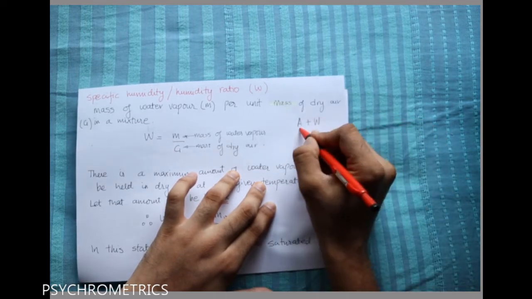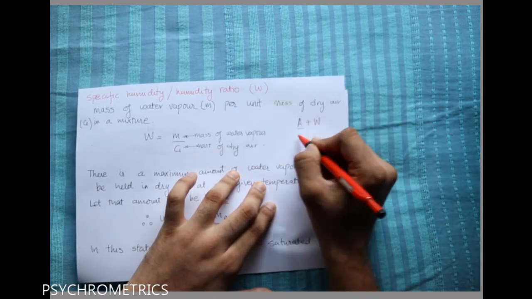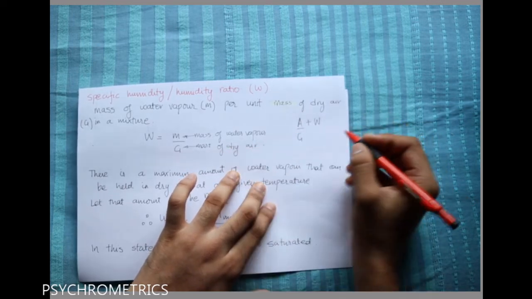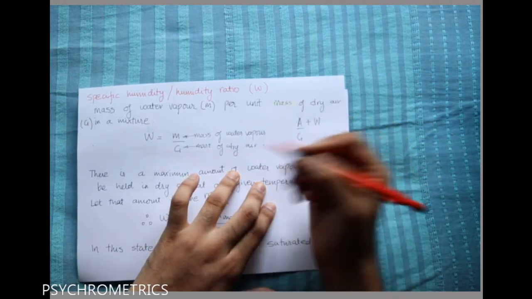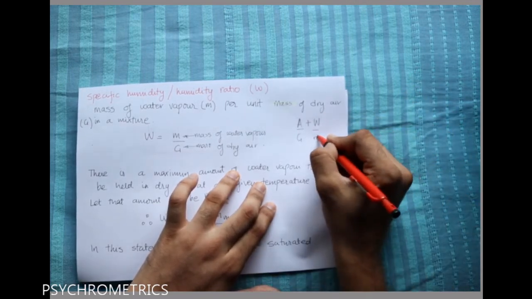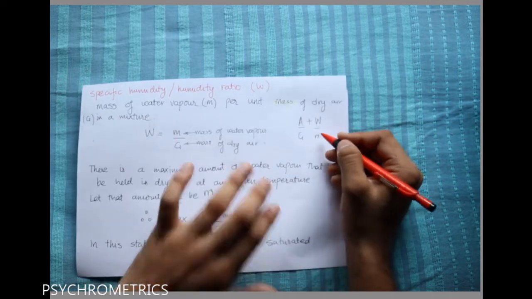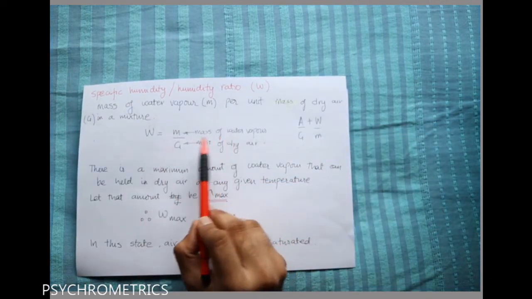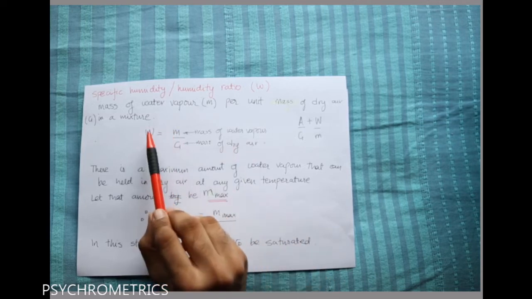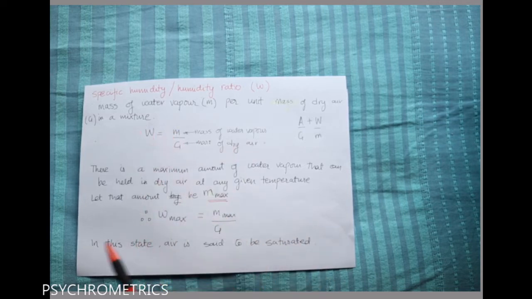Here we assume the mass of dry air is G, and the mass of water vapor contained in the air is denoted by M. The ratio of the mass of water vapor to the mass of dry air is termed as specific humidity or humidity ratio.